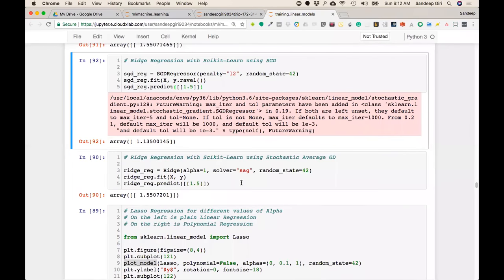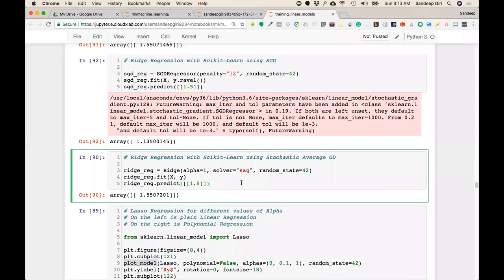A question from Kamal is, in SGD regressor, the penalty is L2 and random state is 42, but we did not set alpha there. Yes, so we let it assume.